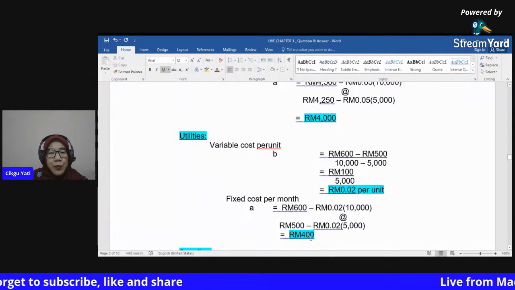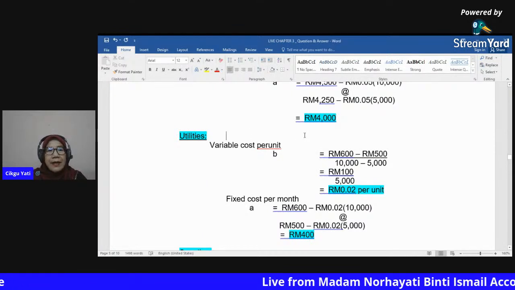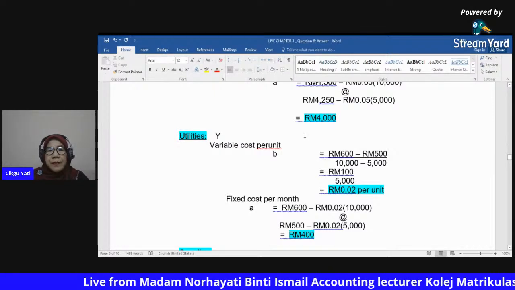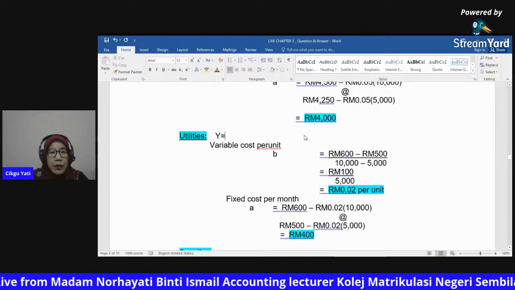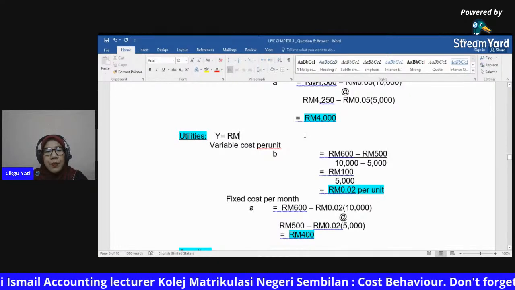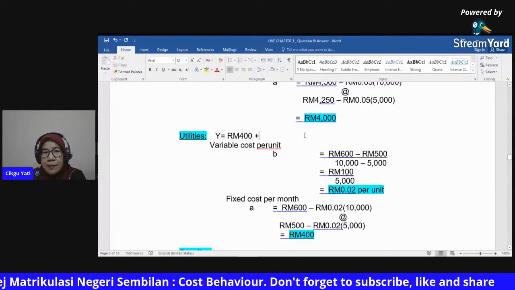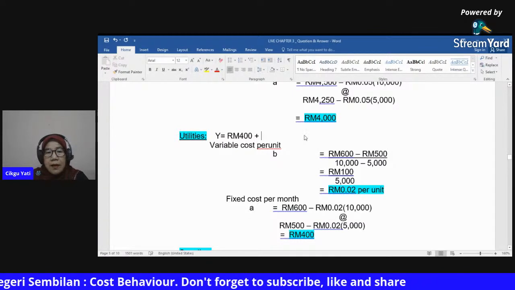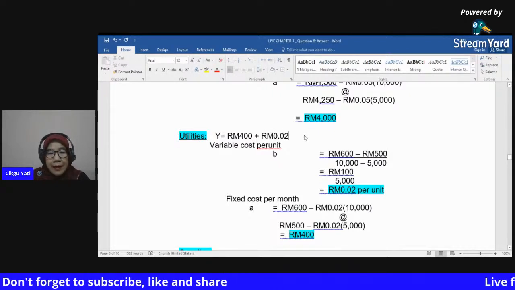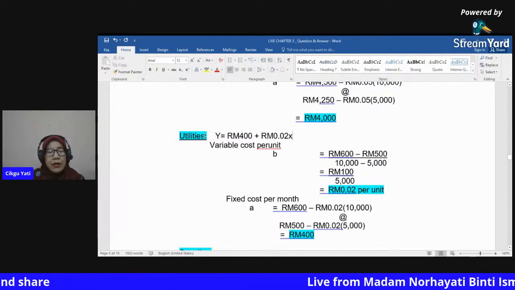So when you want to prepare the cost function for utilities, y equals RM 400, that one is fixed cost, plus RM 0.02x. So this is the cost function for utilities.